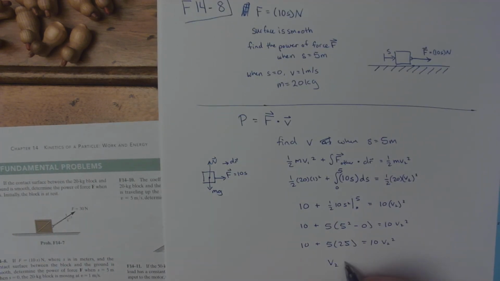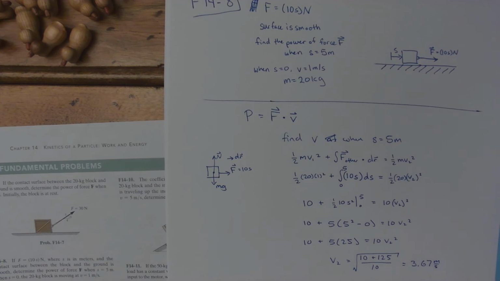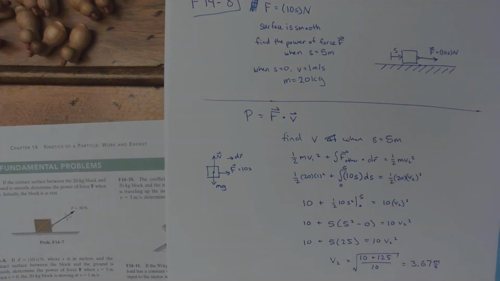So v2 is equal to 10 plus 125 divided by 10, and then take the square root. And that gives me 3.67 meters per second, and the velocity should be in the positive direction.